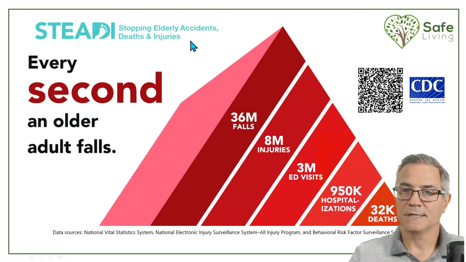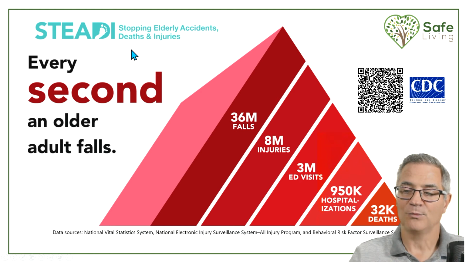CDC, as I said, puts out great information. This QR code actually takes you to this brochure by STEADY, which again is Stopping Elderly Accidents, Deaths, and Injuries. But whether you're old, whether you're young, fall risks remain. And it's real important that we prevent fall risks as much as possible. So again, take a look at this information.